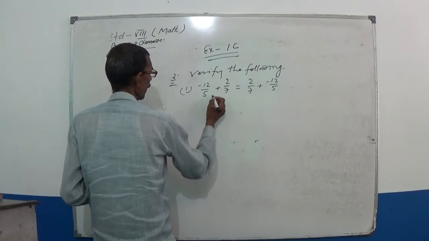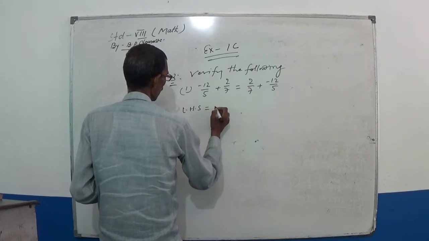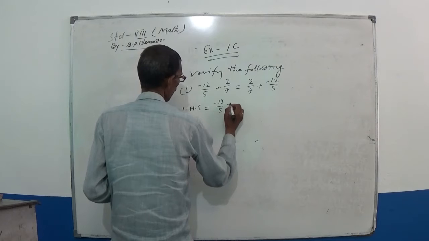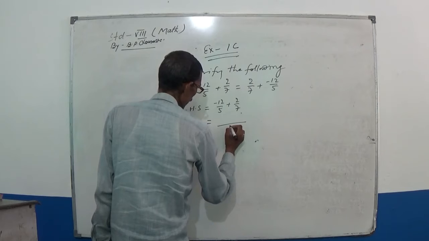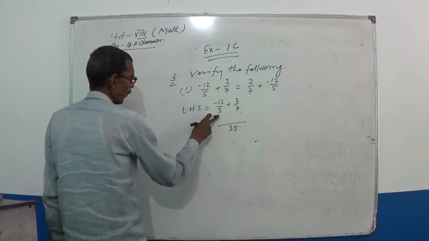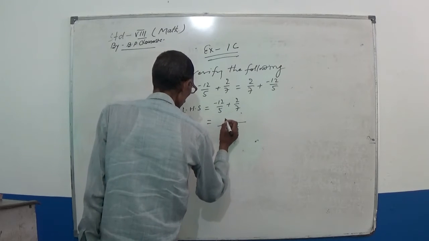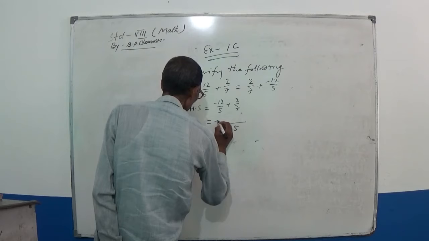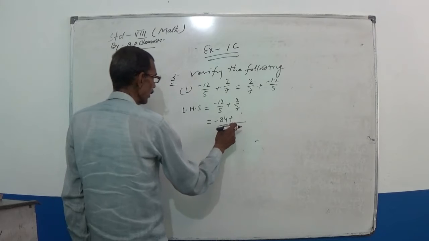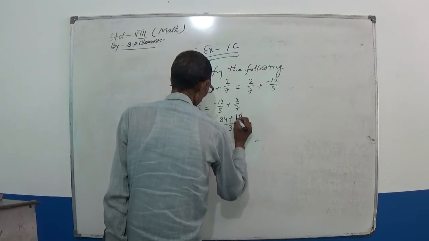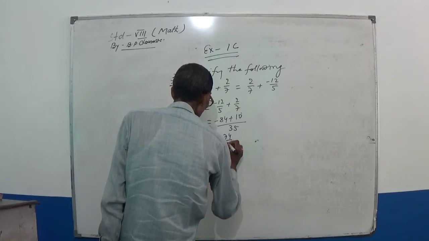LHS is minus 12 by 5 plus 2 by 7. Your LCM is 35. Minus 84 plus 10 gives minus 74 by 35.